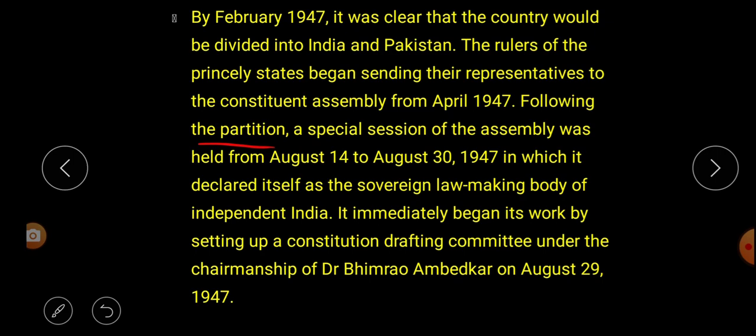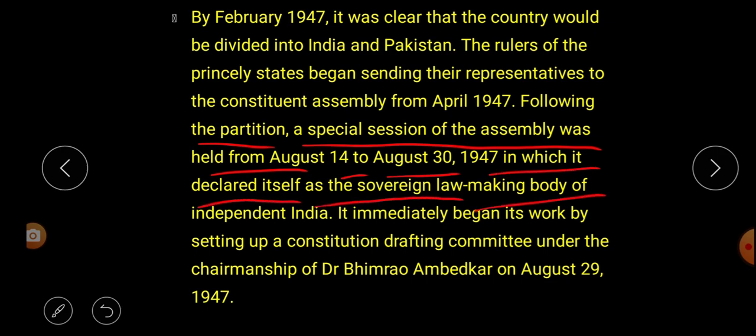Following the partition, a special session of the assembly was held from August 14 to August 30, 1947, in which it declared itself as the sovereign lawmaking body of independent India. So what does this sentence say?